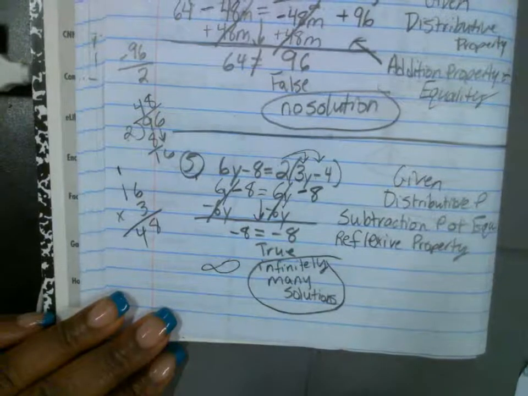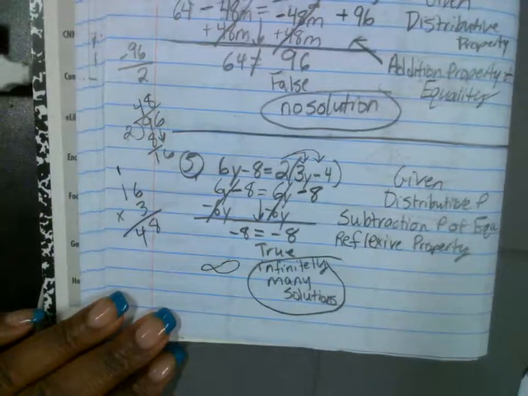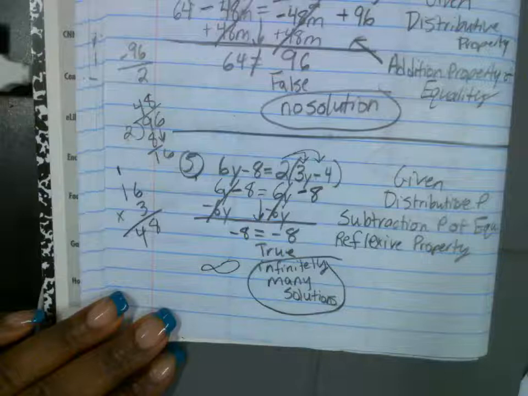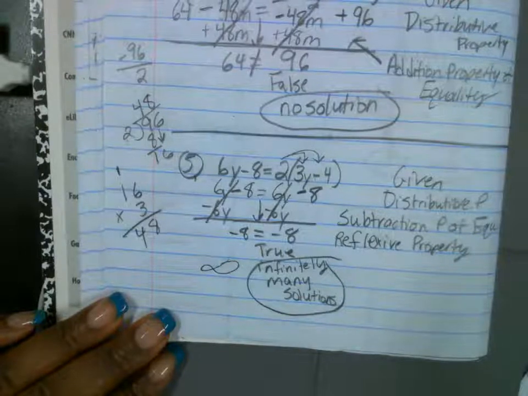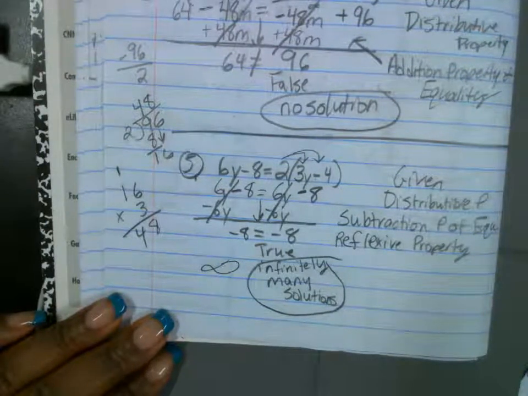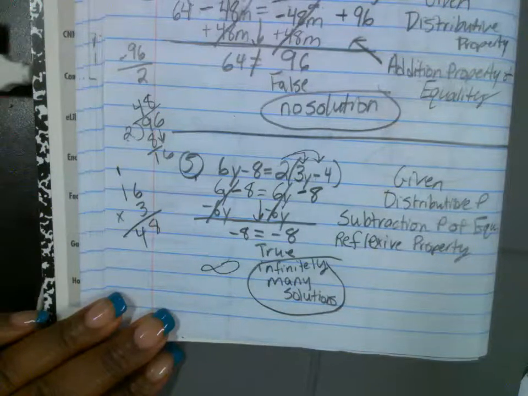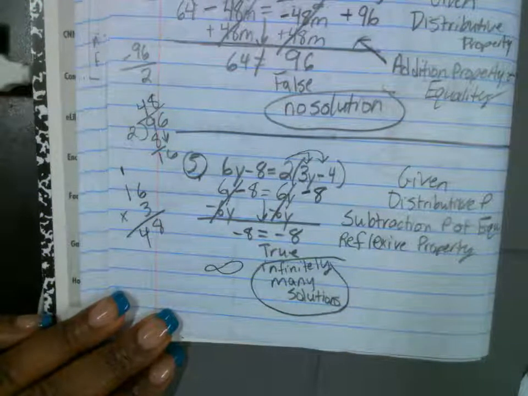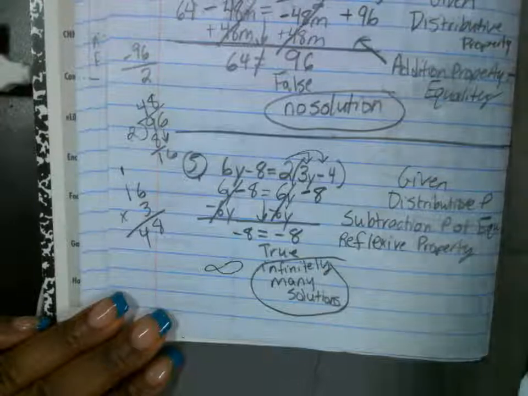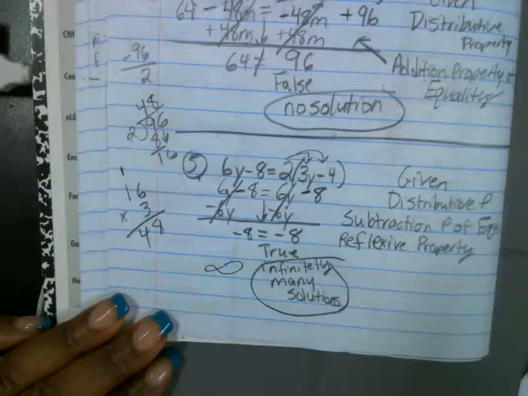And of course, distributive property. Those are the ones you use most often. Questions, comments, or concerns? If you're combining like terms, then that's what you say. Combining like terms. It's not a property, but it's a reason. So you can use combining like terms as a reason to justify that step.